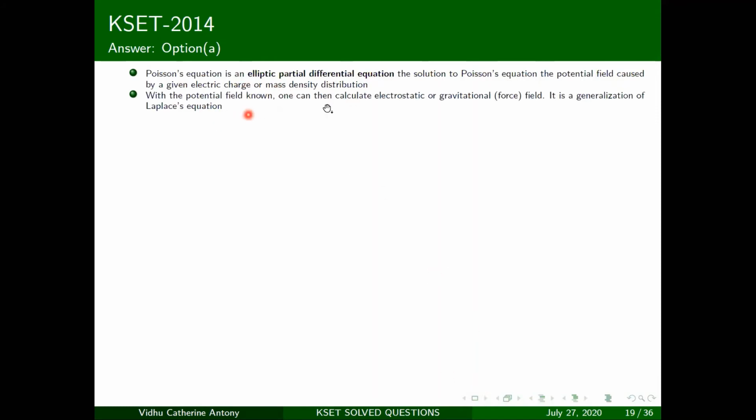Basically you can do the same thing for your gravitational force, and I think you should go check that equation out. There's a Poisson equation for your gravitational force field. I think it involves the gravitational constant G, and there's a rho and things like that. So this is basically for your electrostatic force.